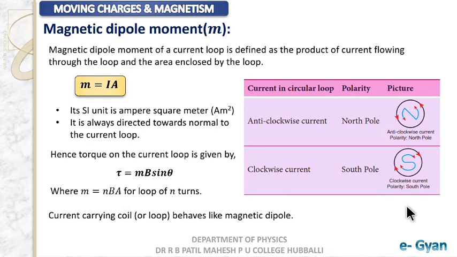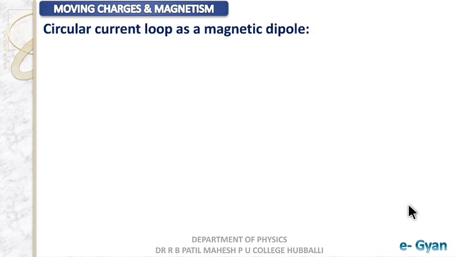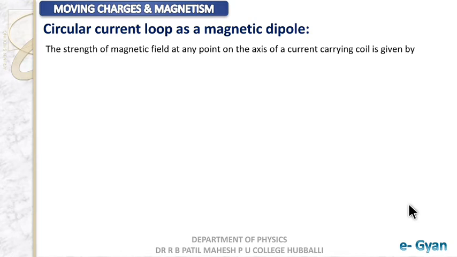Now let us try to find out why it is a magnetic dipole, and let us give some proof for it. Let us try to show that a current carrying loop is a magnetic dipole. We already have an equation for magnetic field at a point on the axis of a current carrying coil, which we have derived.